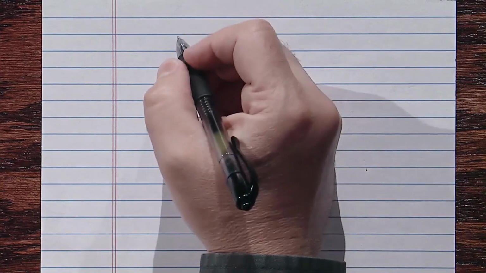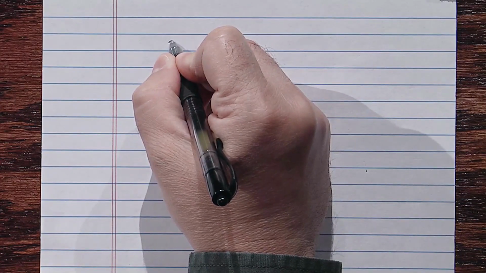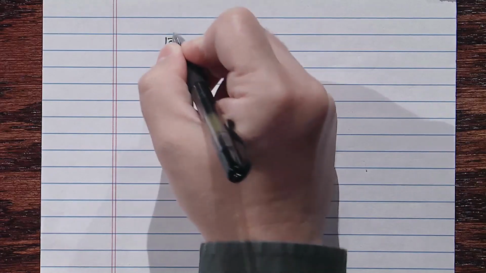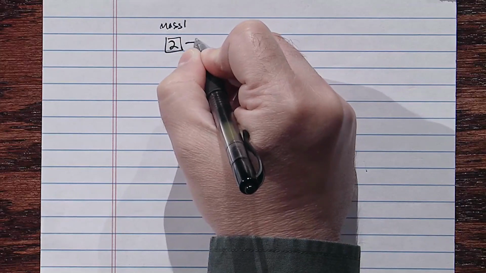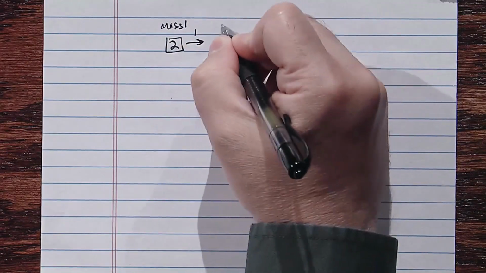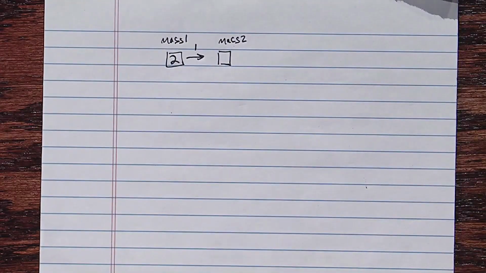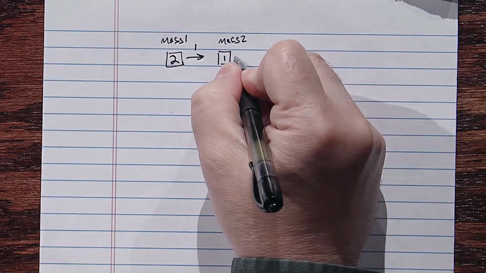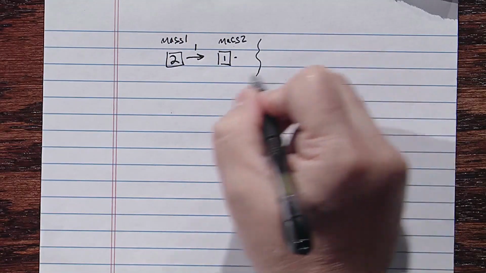So let's use the same situation. We have mass 1, which is 2 kilograms, and it's moving at 1 meter per second, collides with mass 2, which has a mass of 1, and it's at rest, and it collides.